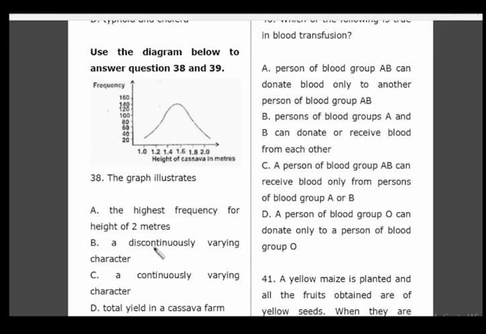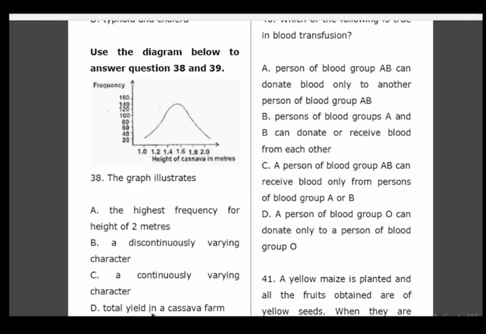So it is not discontinuous variation. And then option D here says total yield in a cassava farm. Well, we can use this to get the total yield in a cassava farm, but actually it illustrates a continuously varying character. That is what we can see here.